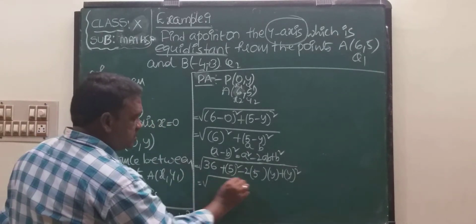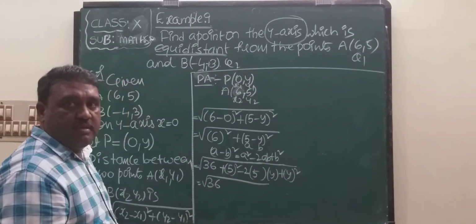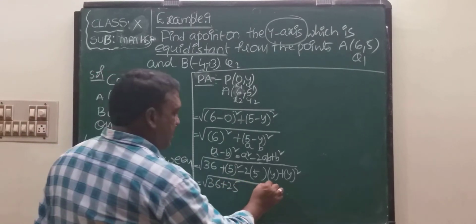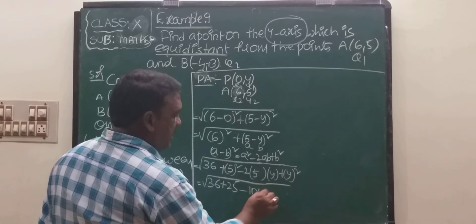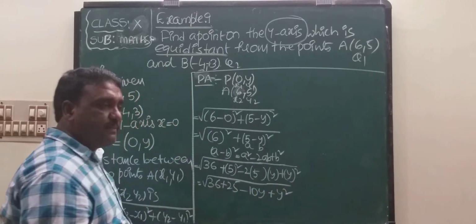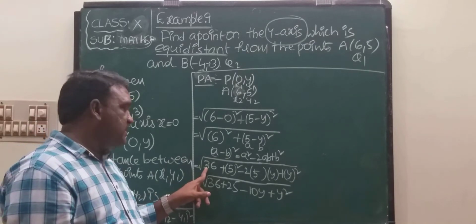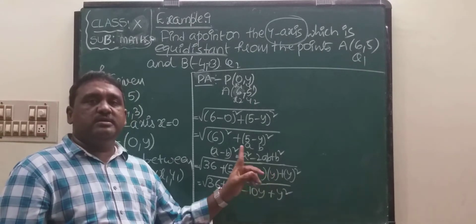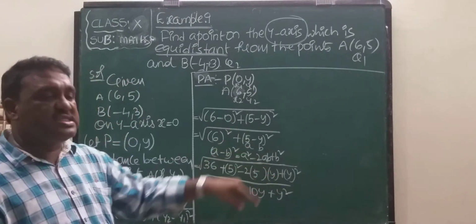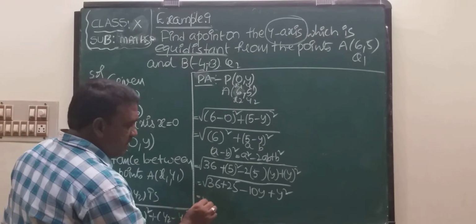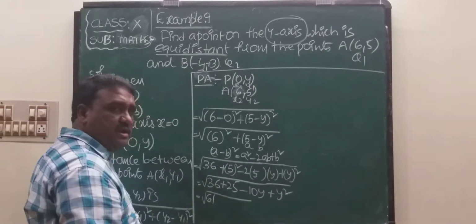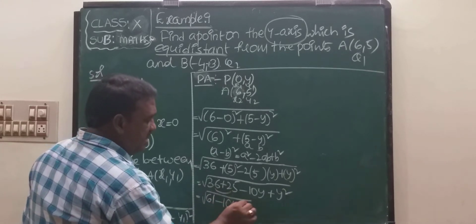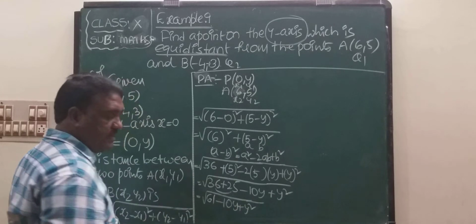Then root of 36 plus 25 minus 10y plus y square.